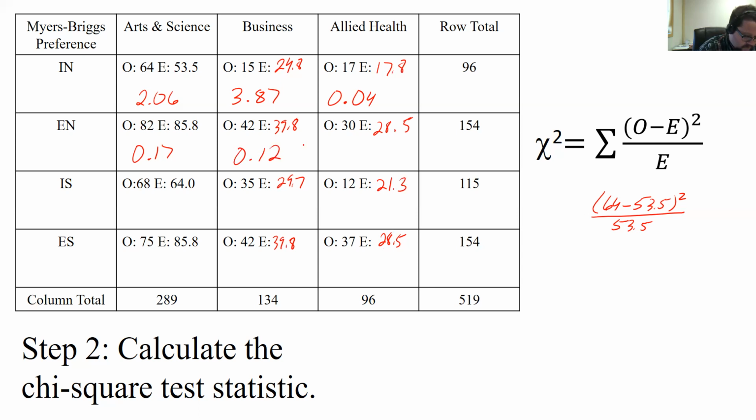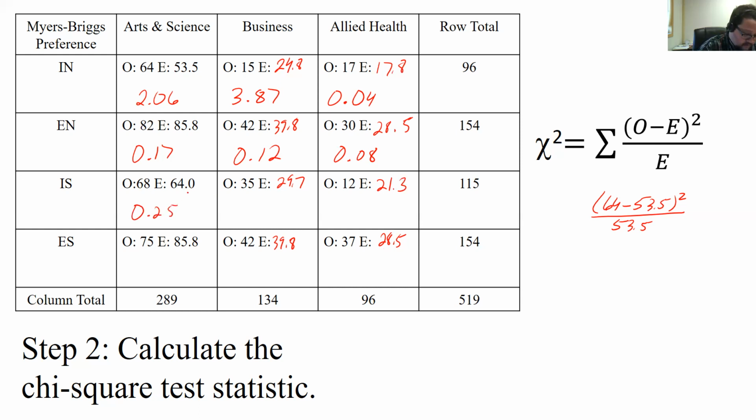So some of these aren't huge differences. 0.08 looks like. All right. 68 minus 64, square that difference, divide by 64. 0.25.